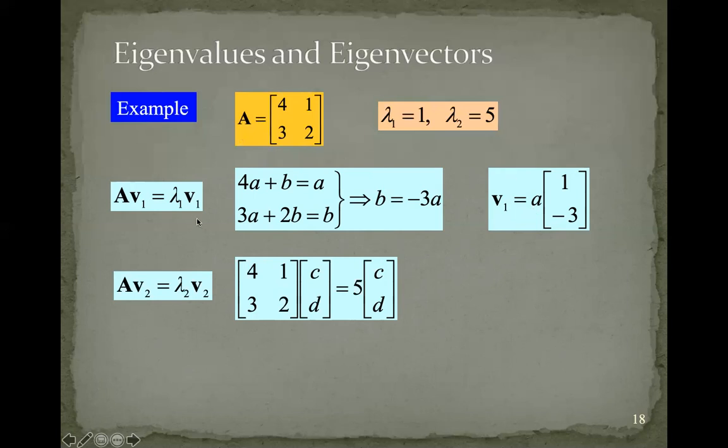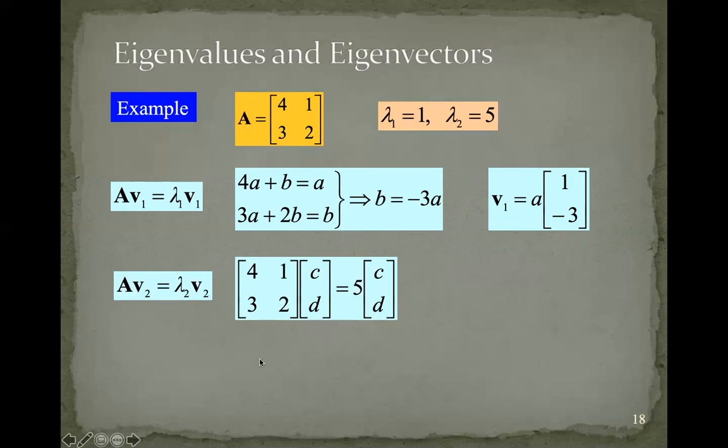We do the same procedure for the other eigenvector, associated with the lambda value 2 equals 5. So we multiply matrix A by a certain vector V2 and set it equal to 5, which is lambda 2, multiplied by the vector.